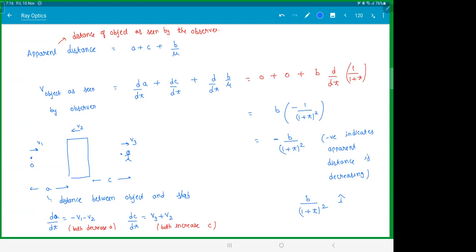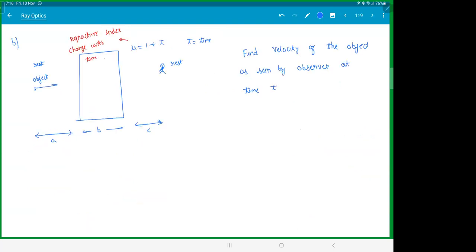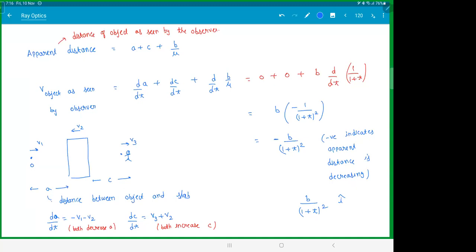So in this question, I could have made it more messy by saying object is also moving, slab is also moving, observer is also moving. Mu is also changing. That would have been more messed up. So if they are moving, then these differential terms will come. Luckily, B will remain constant. B is the thickness of the slab. So in this case, these two terms are zero. Have a look at this. Please have a look at this.